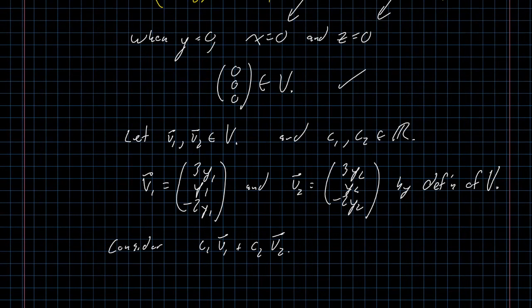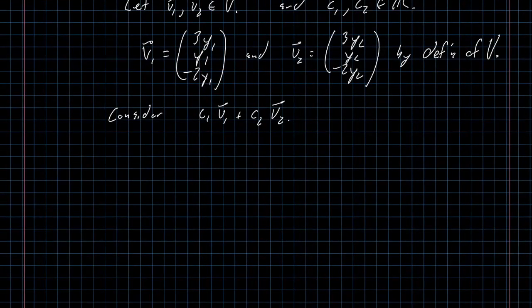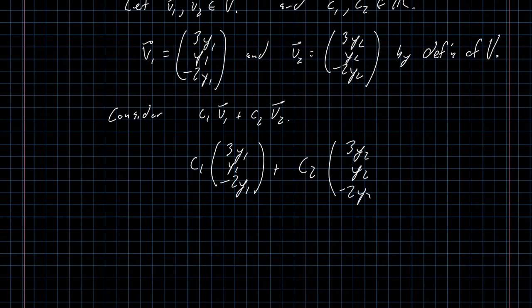And to talk about a subspace, we're talking about linear combinations of these vectors. So let's consider c1v1 plus c2v2. Let's plug in that v1 is 3y1, y1, negative 2y1. Let's plug in that v2 is 3y2, y2, negative 2y2. And let's go through and do the algebra from here.